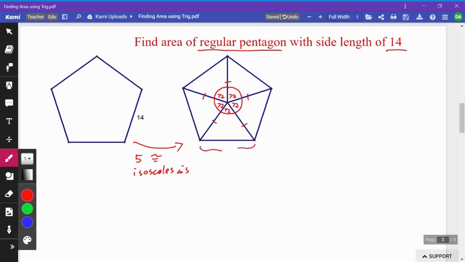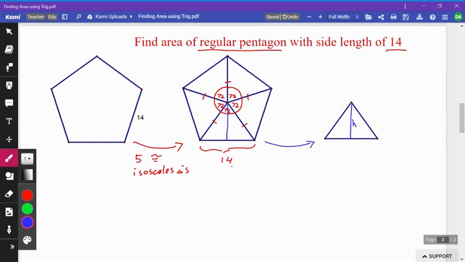I also know that this side is 14. So what I would like to do is I would like to find the height of this triangle. So let's just focus on this triangle over here. So the height of the triangle is what I am missing.